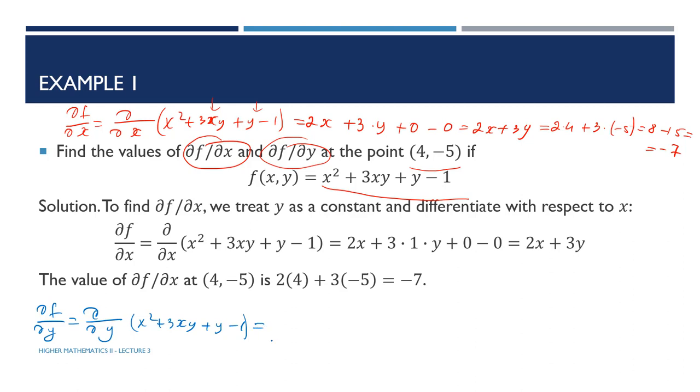The derivative of x squared with respect to y is 0, plus the derivative of 3xy, which is 3 times x, plus the derivative of y gives 1, and minus 1 is 0. So 3x plus 1. Plugging in the numbers, 3 times 4 plus 1, 12 plus 1 gives 13. This is the derivative of the function with respect to y at the point (4, -5).